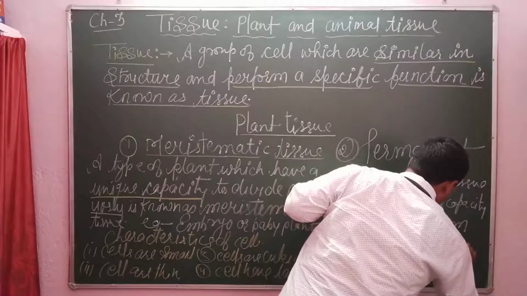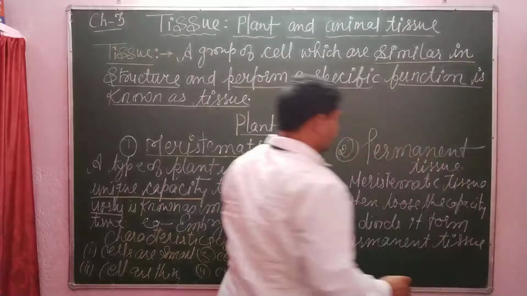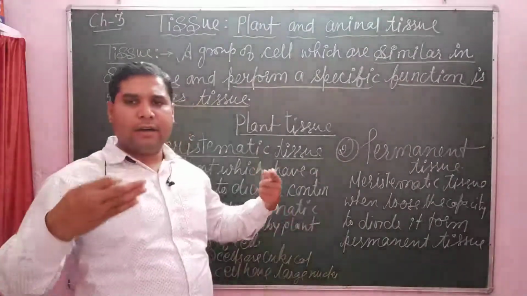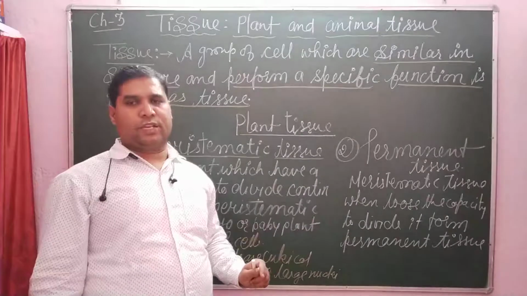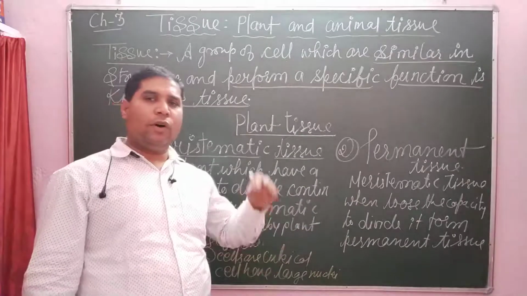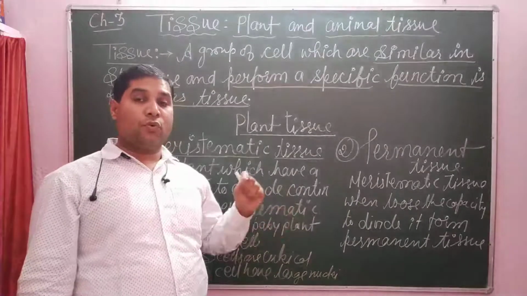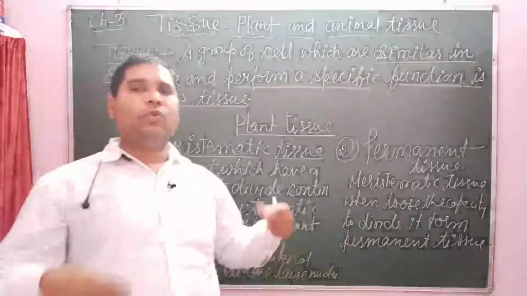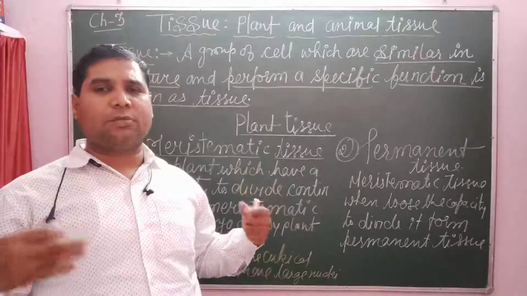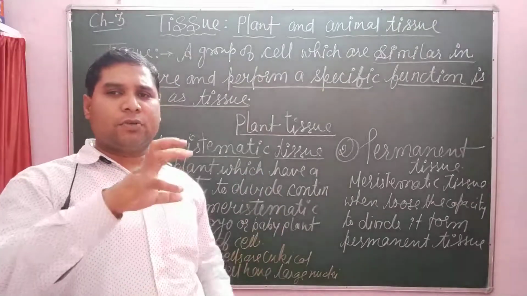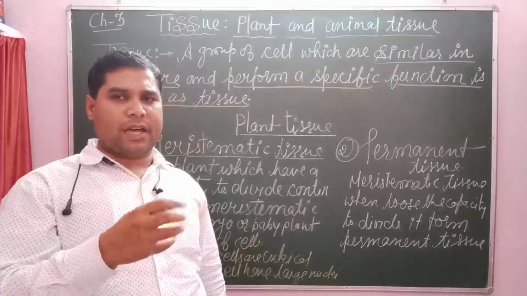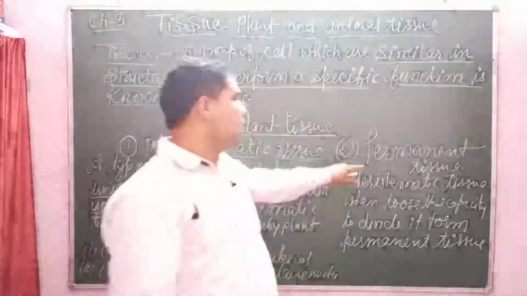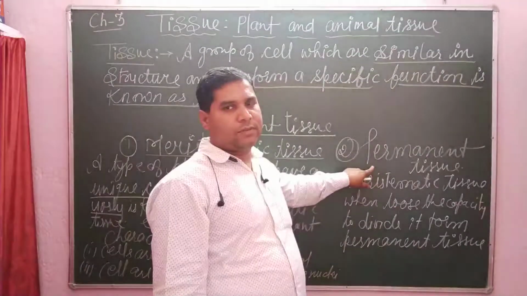So dear student, meristematic tissue only forms the permanent tissue. So when meristematic tissue becomes permanent tissue, when it loses the capacity of dividing, then it assumes a permanent shape and size of the cell, and this is known as a permanent tissue, dear student.